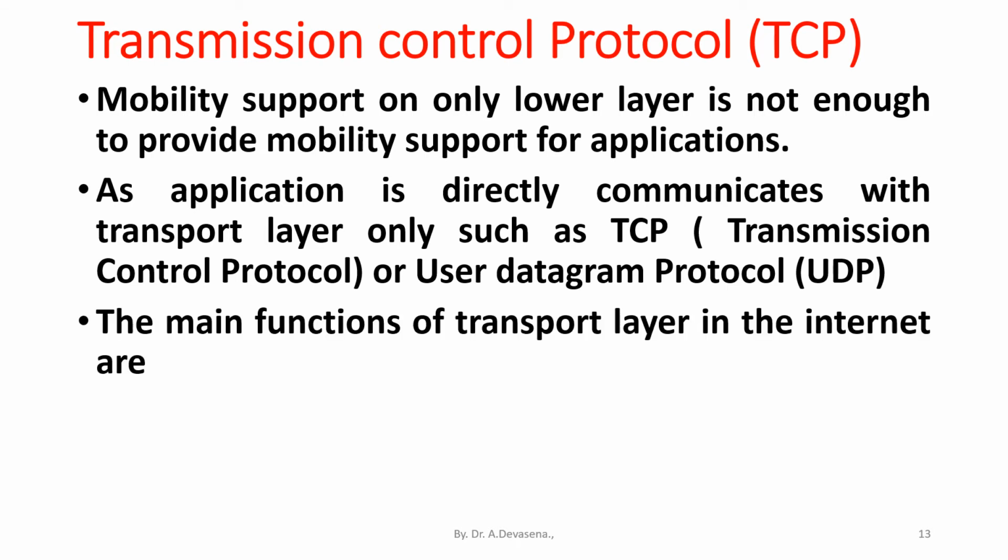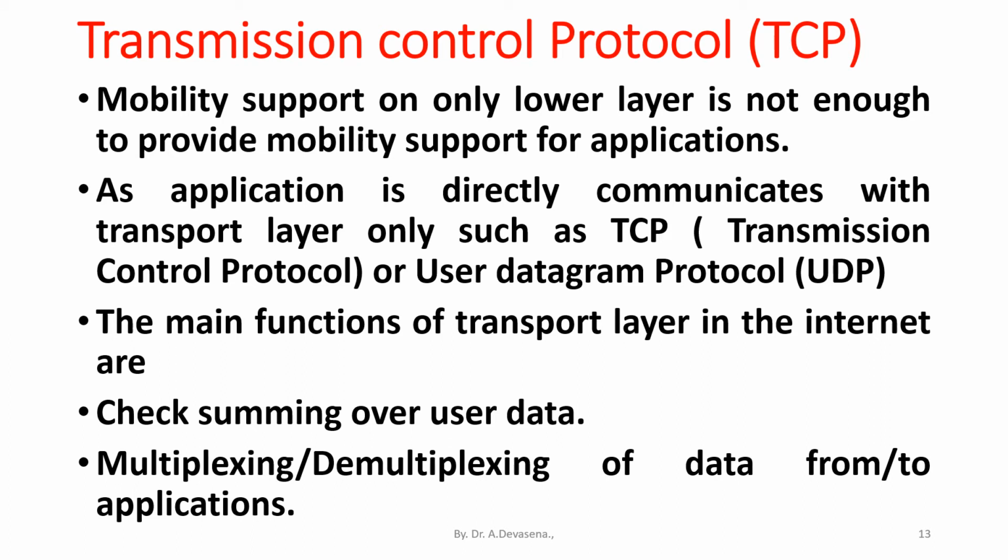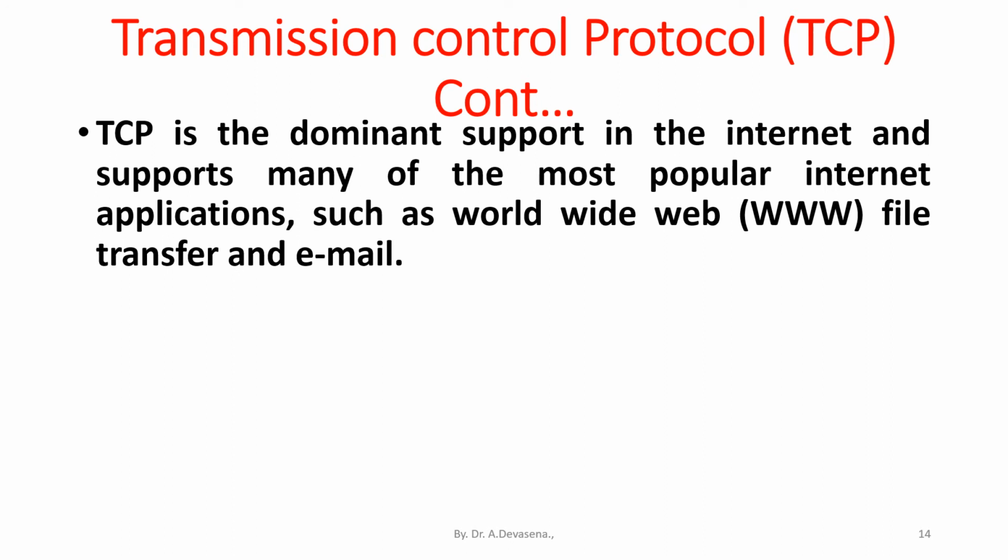The main functions of the transport layer in the internet are check summing over user data, and multiplexing and demultiplexing of data from or to applications. TCP is the dominant support in the internet and supports many of the most popular internet applications such as the World Wide Web, that is www, file transfer and email.